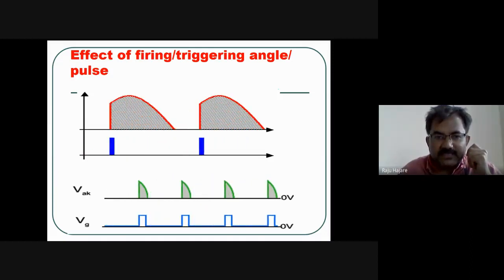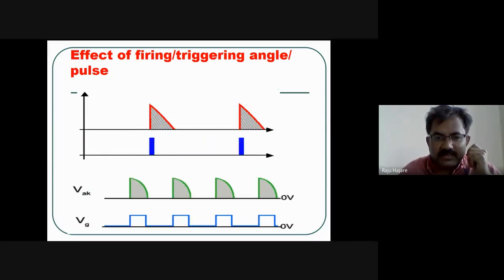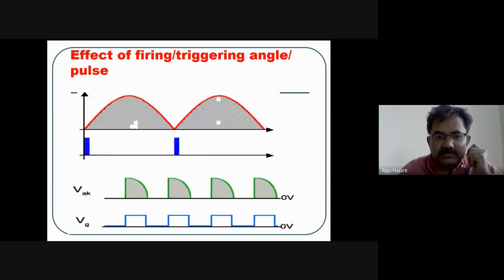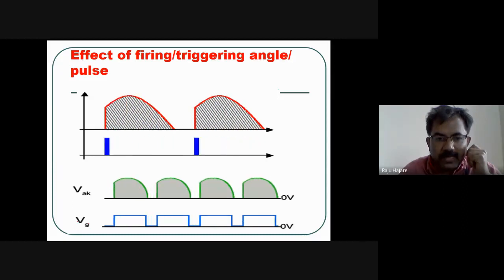Either you consider the first graph or the second one. I just took the second one because it is labeled with voltage. So the anode cathode voltage is your output, but how can you vary the output by applying the gate voltage?